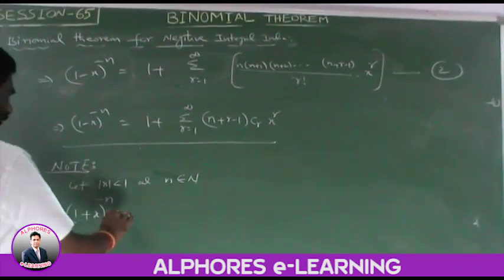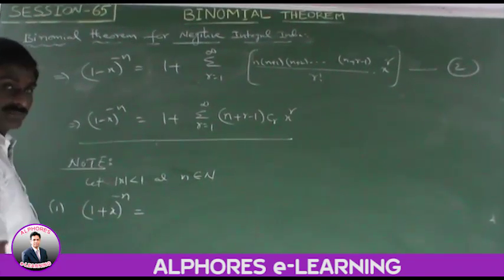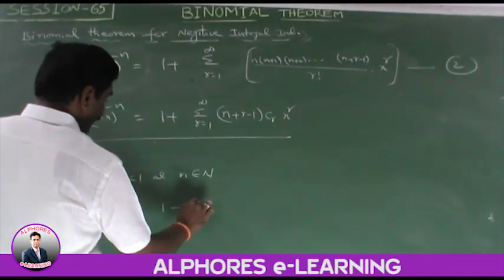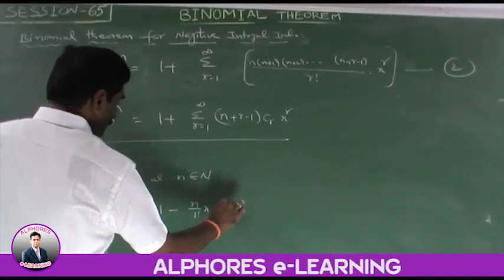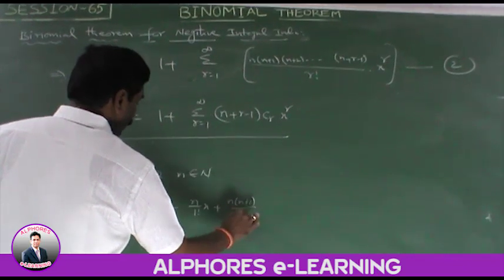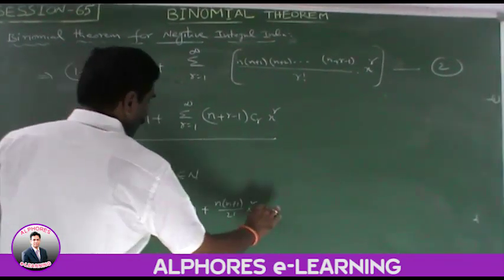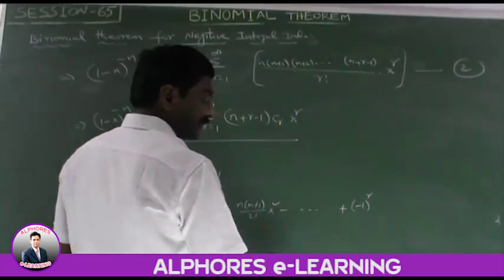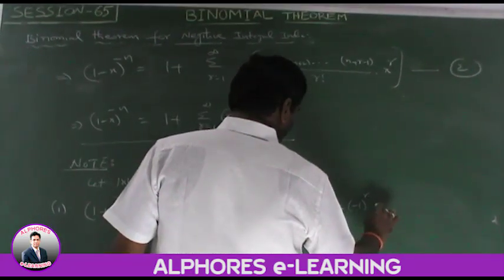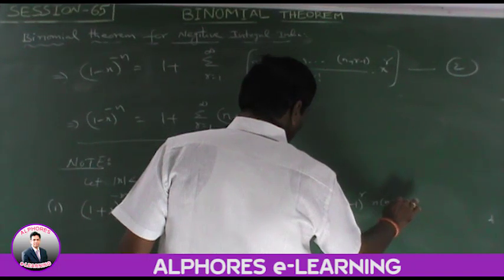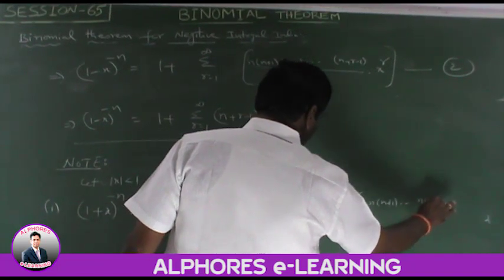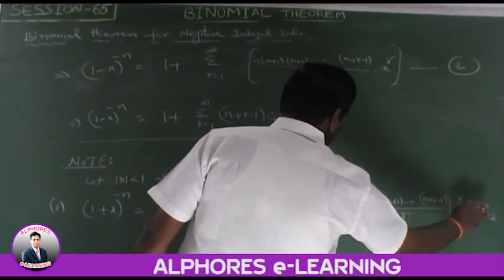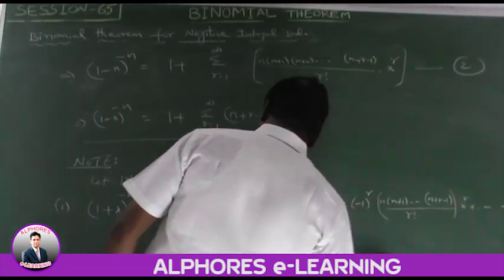1 plus x whole power minus n is equal to, what is the formula? 1 minus n by 1 factorial into x plus n into (n plus 1) by 2 factorial into x square minus and so on, (minus 1) whole power r into n into (n plus 1) into so on (n plus r minus 1) by r factorial into x power r, so on infinite.